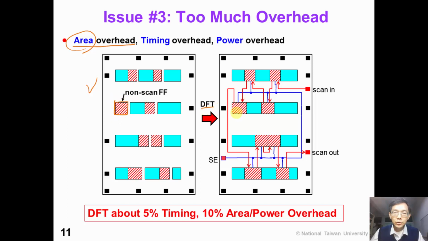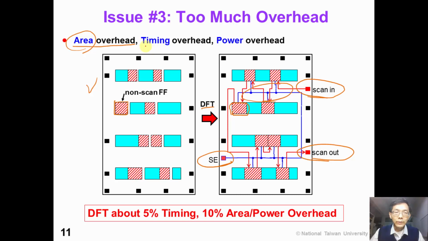After DFT insertion on our right hand side, the scan flip-flop is larger than the non-scan flip-flop. Also, we need routing overhead. We also have extra pins for DFT. So those are the overhead of DFT.